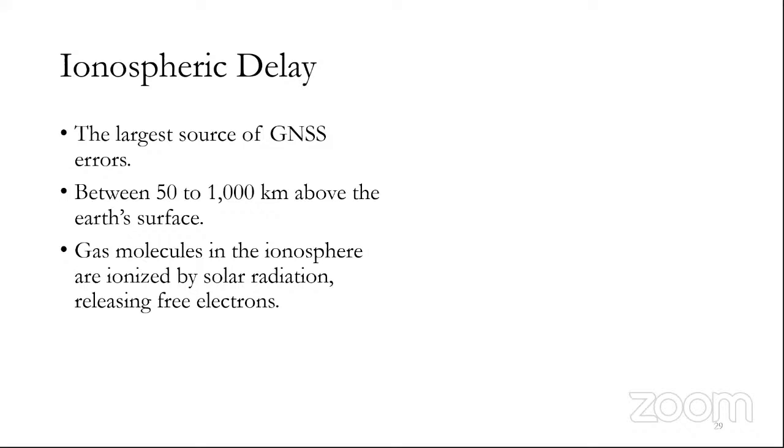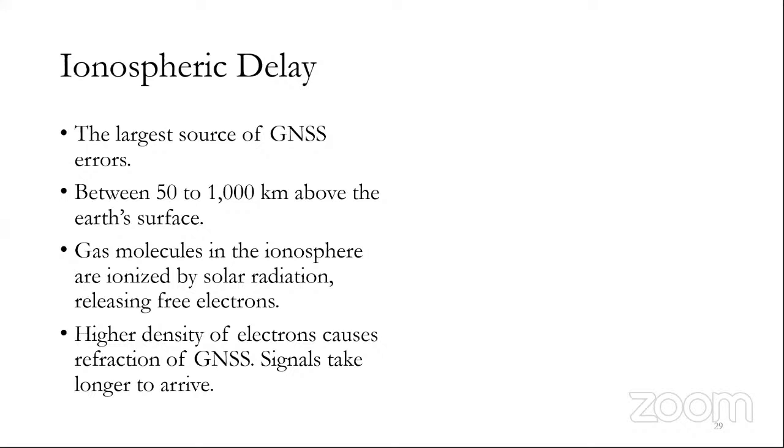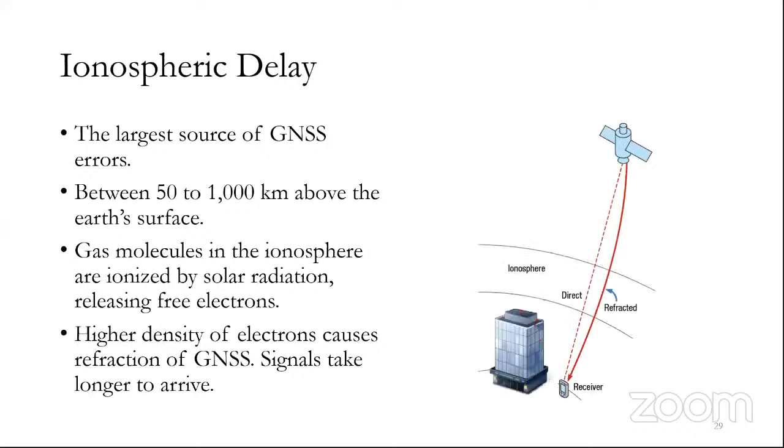And so we have a layer of free electrons, and that's essentially what the ionosphere is, a layer of free electrons. So when we have the signal traveling from the satellite through the ionosphere and experiencing this high density of electrons, the signals will be refracted, and the refracted signal will take a longer time to arrive as compared to a direct signal.